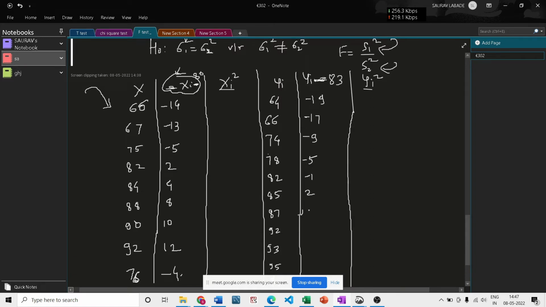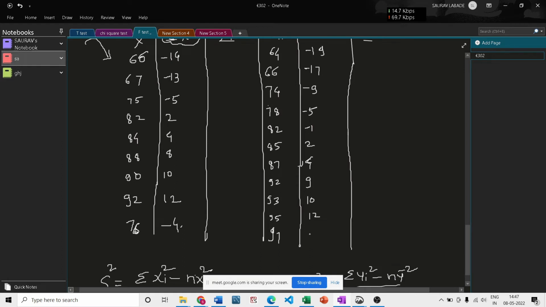Then 2, 4, 9, 10, 12, and again 97 minus 83 is 14, right?